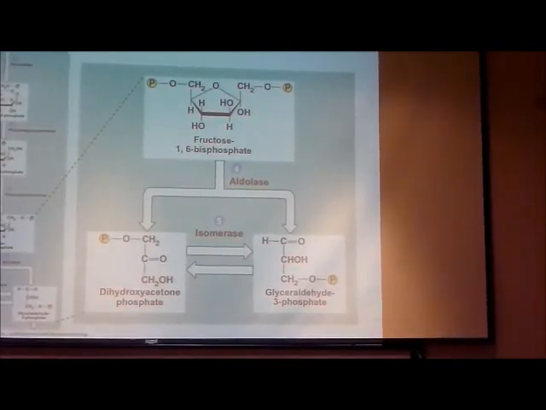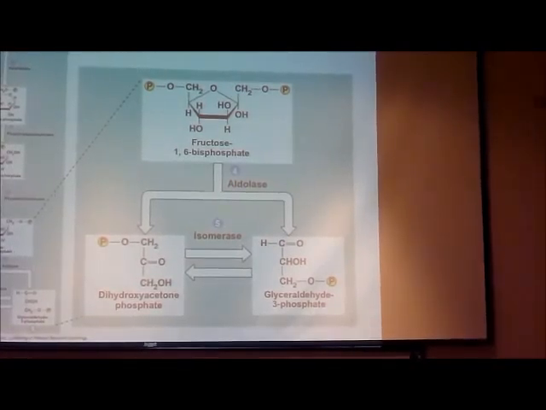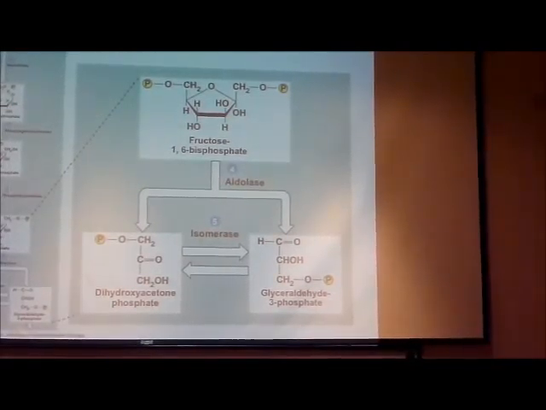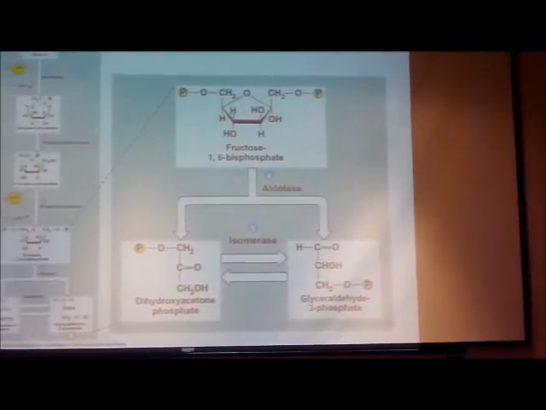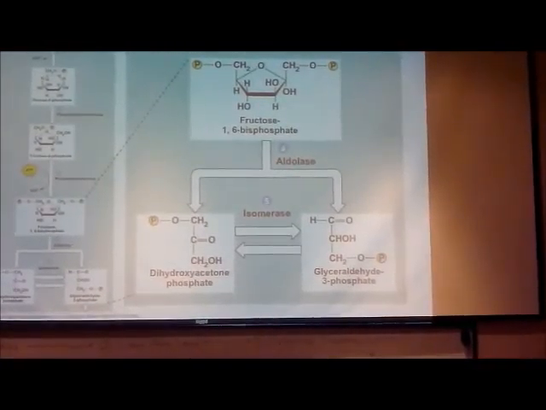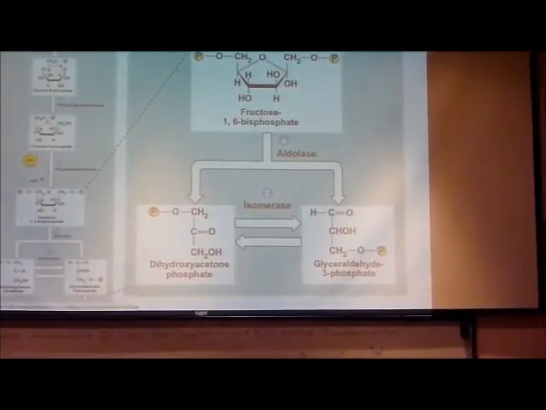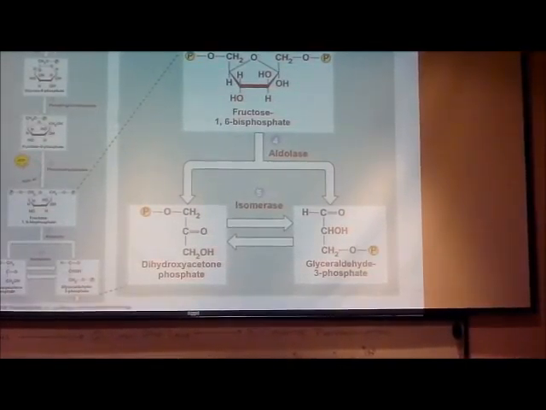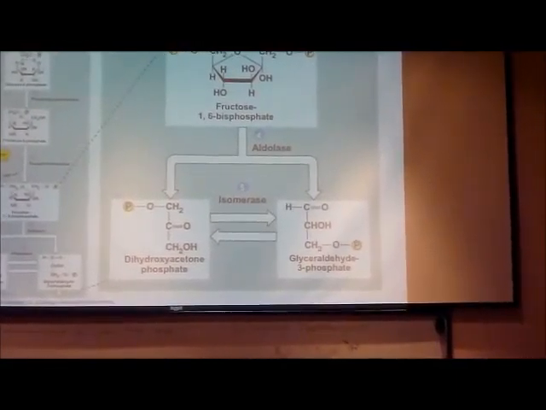Does everybody understand that? Okay. What we have done now is we have used energy investment to help us cleave a 6-carbon molecule into 2 3-carbon molecules. So the cleavage has occurred. The lytic part of glycolysis has occurred. Now what we need to do is convert both of these into pyruvate.